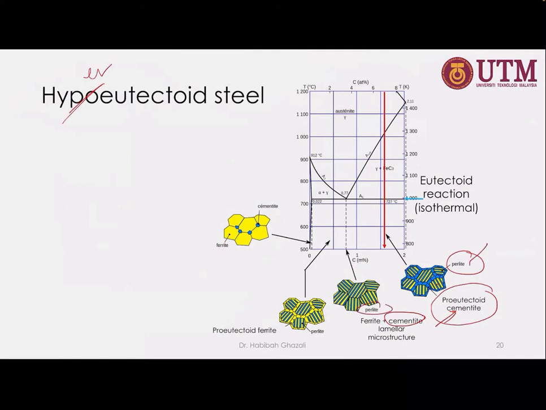Inside the pearlite, there are ferrite plus cementite. So there are two different locations of cementite. One at the grain boundary, which we call pro-eutectoid cementite. Another one inside the pearlite.